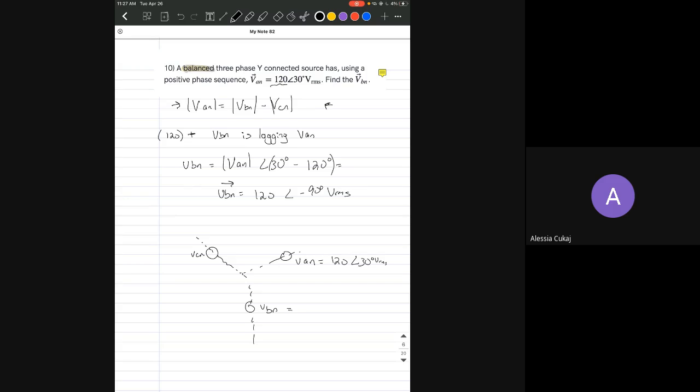And what we solved for here was 120 at negative 90 VRMS. This is not the best Y, but as you can see, VBN is lagging by 120 degrees. So yeah, that's the problem.